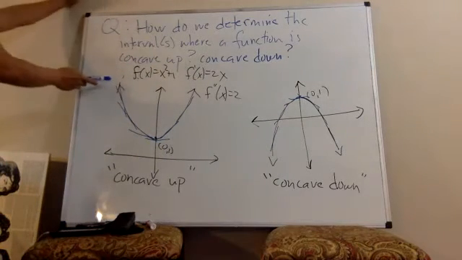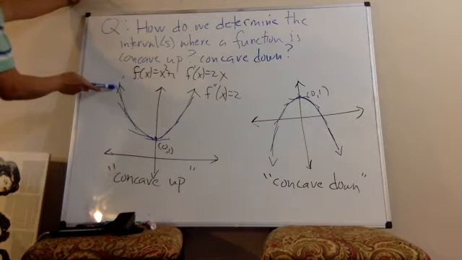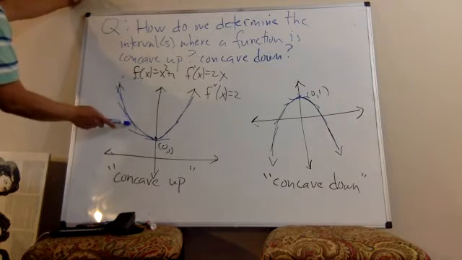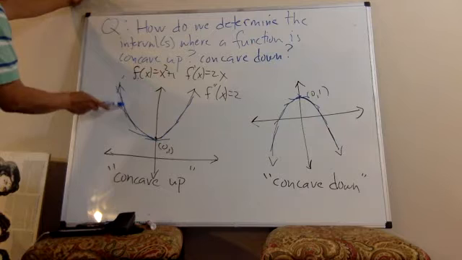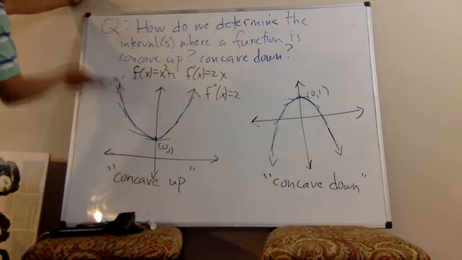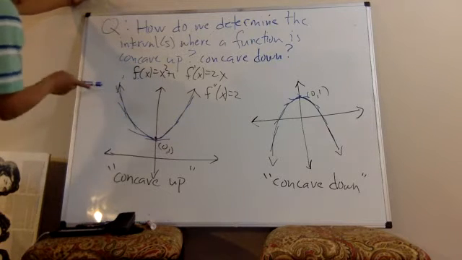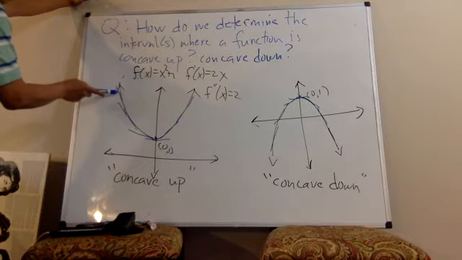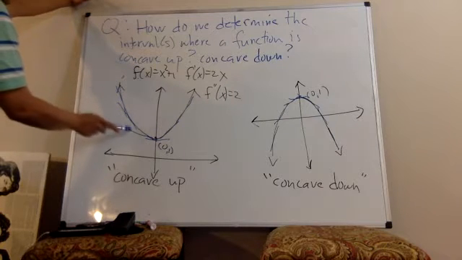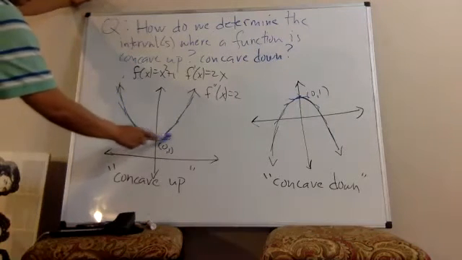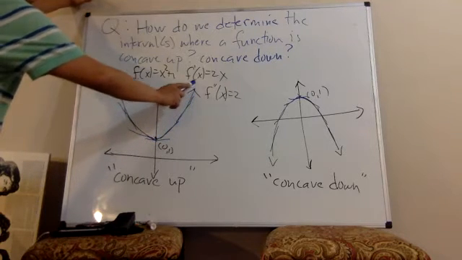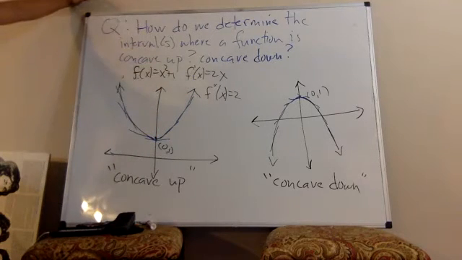For when a function is concave up, it appears that the slope of the tangent line as you go from left to right is very negative, still negative but less negative, goes to 0, and then becomes positive and becomes very positive.